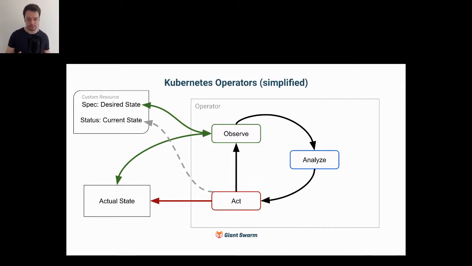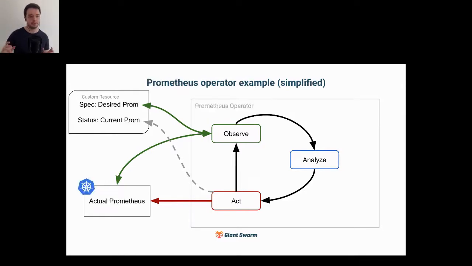I hope this makes sense for now, but we will also look at a more applied example to give some more reference. I've chosen Prometheus Operator here because I believe it's one of the operators that is used by just about everyone. Everyone that runs Prometheus at one point or another is also going to run Prometheus Operator. And here we can go through the same motions. We have a custom resource.